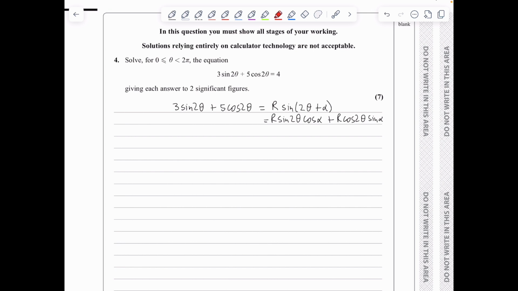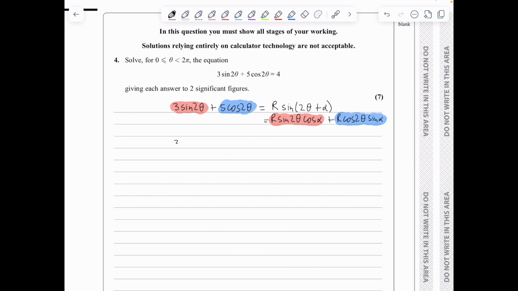And then I will be equating the sine 2 theta terms and the cos 2 theta terms. So I've got 3 sine 2 theta is equal to R sine 2 theta cos alpha, and then 5 cos 2 theta is equal to R cos 2 theta sine alpha.